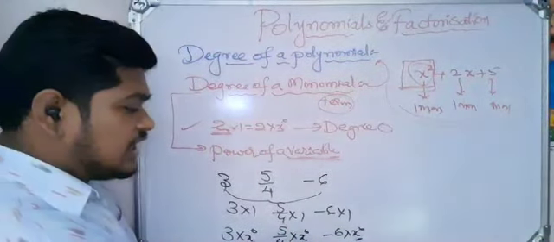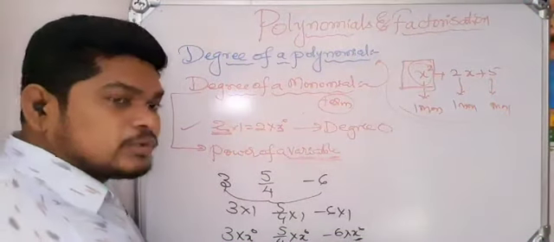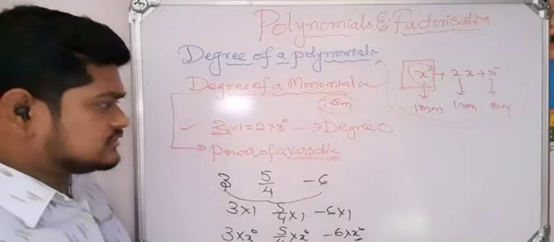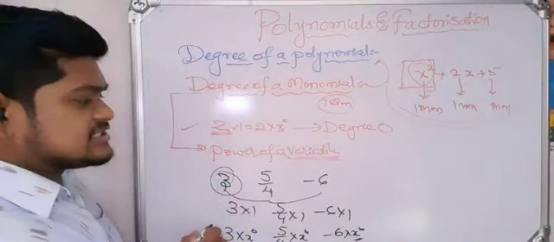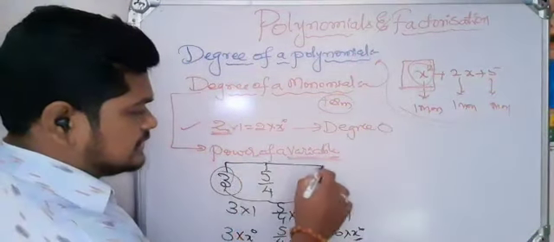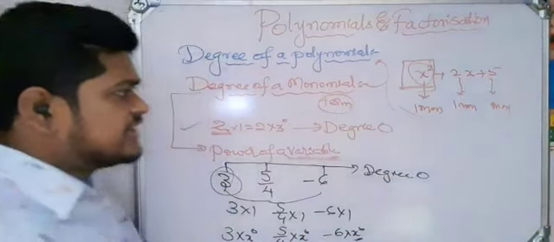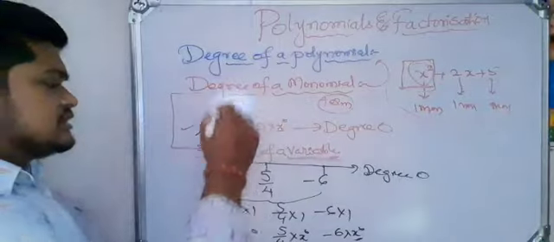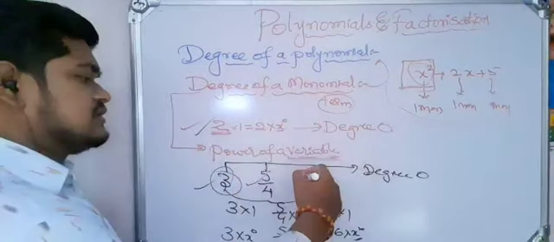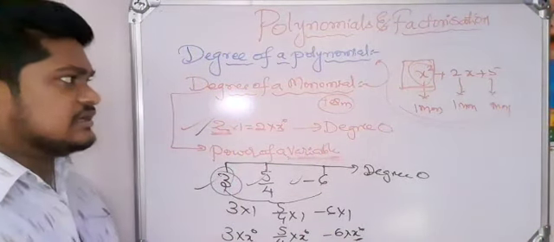The powers of all the three terms should be equal to 0. Then the degree must be equal to 0. Finally, what should we conclude here? 2 is a constant, 3 is a constant, 5/4 is a constant, minus 6 is a constant.